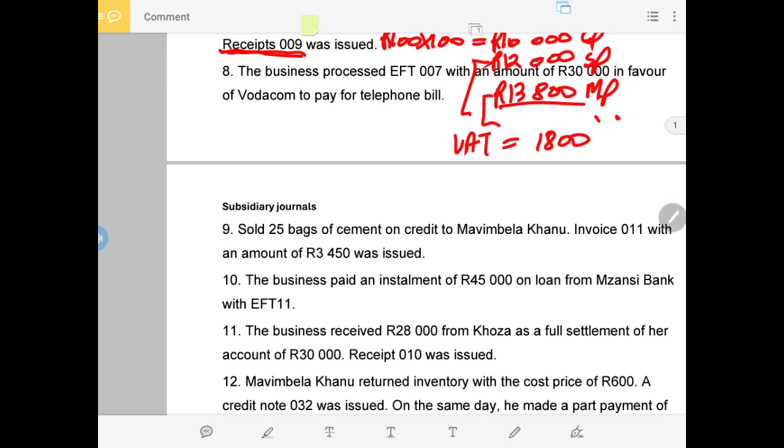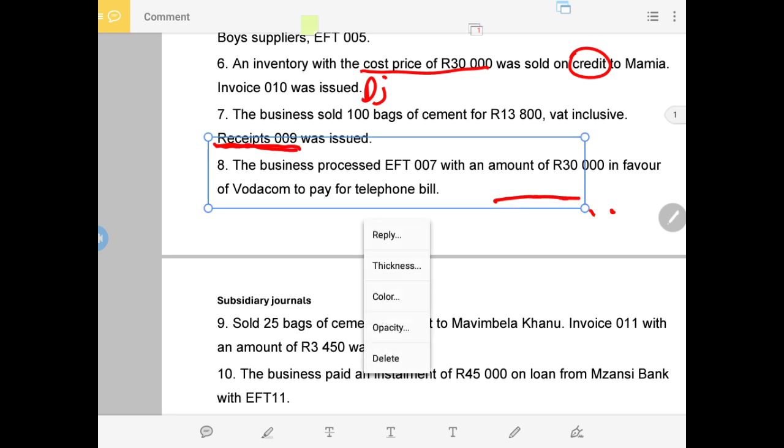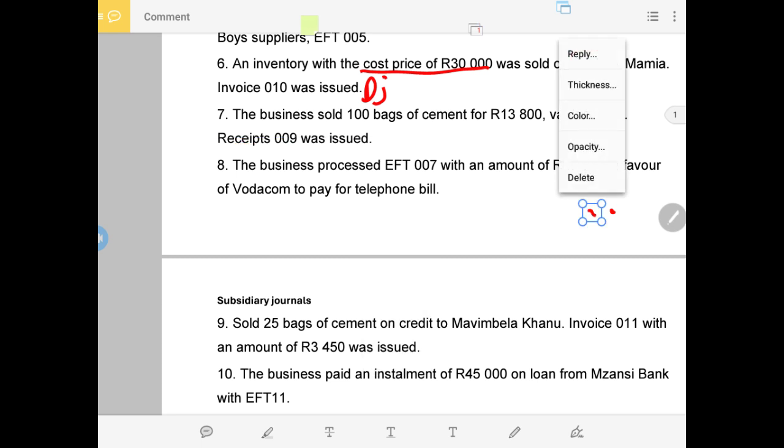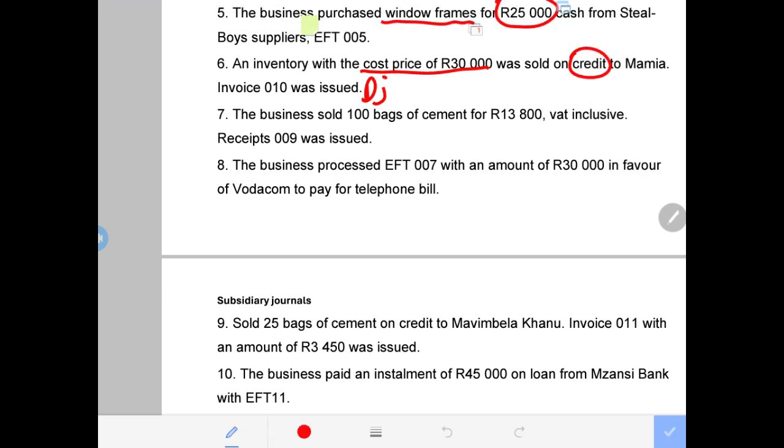We then go to transaction number 8. We are counting roughly 8 transactions left. The business processed EFT 007, this is the document number, with an amount of 30,000 in favor of Vodacom to pay the telephone bill.